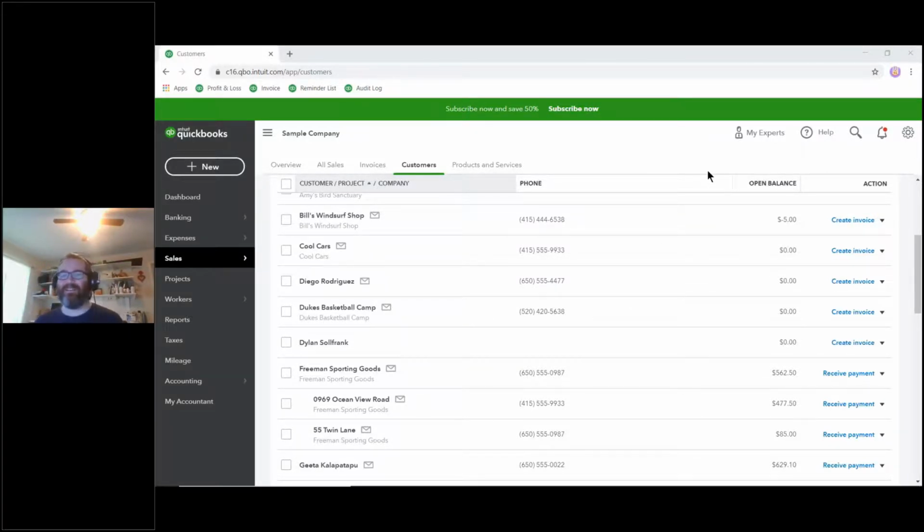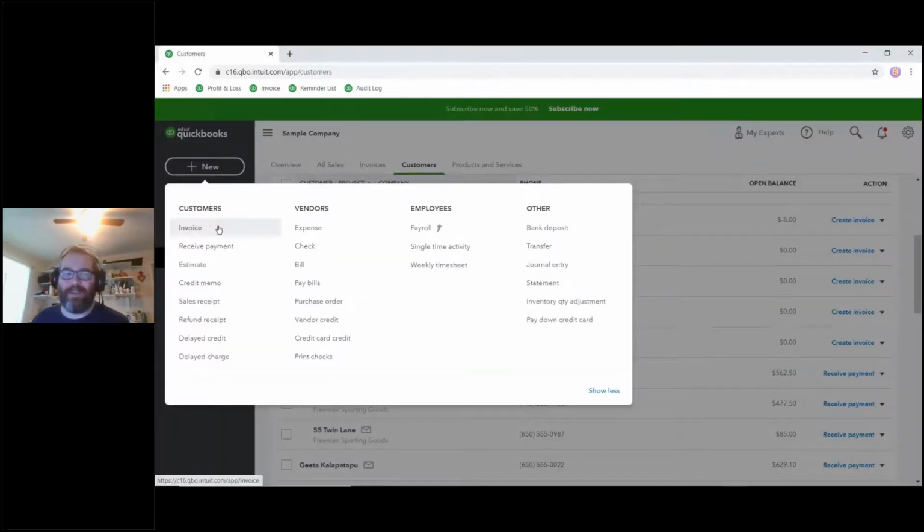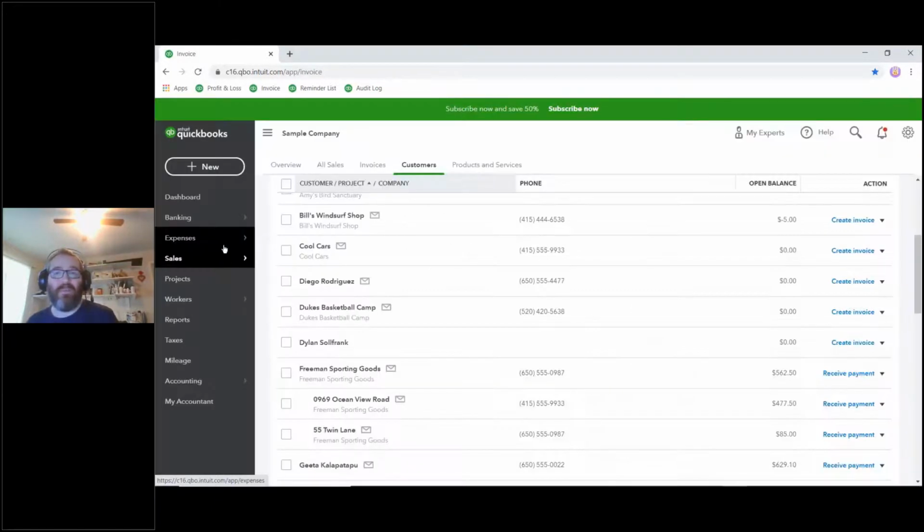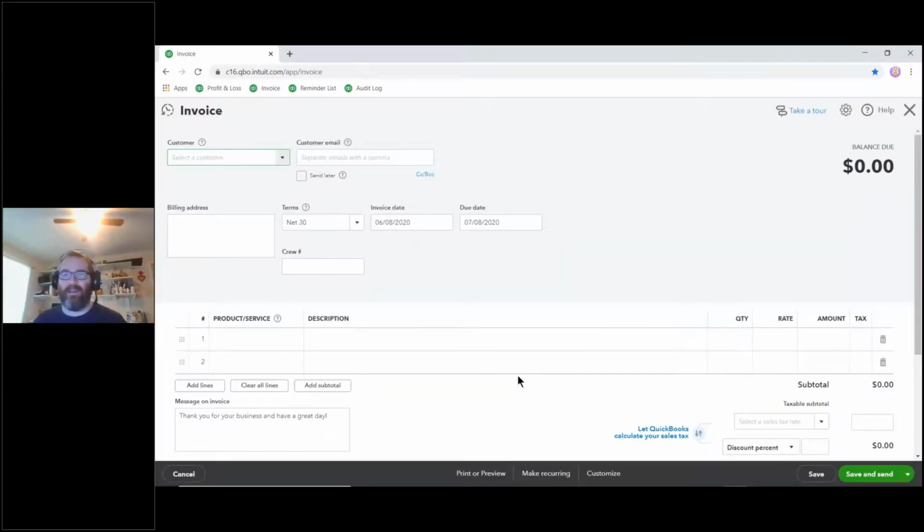So okay, going back to the $5. So how do we deal with these different situations? Well, the first situation is maybe we want to keep it. Let's keep the $5, right? So the easiest way to keep it is to invoice them. And you're not going to send them an invoice, but when you invoice them, you bring up their balance.